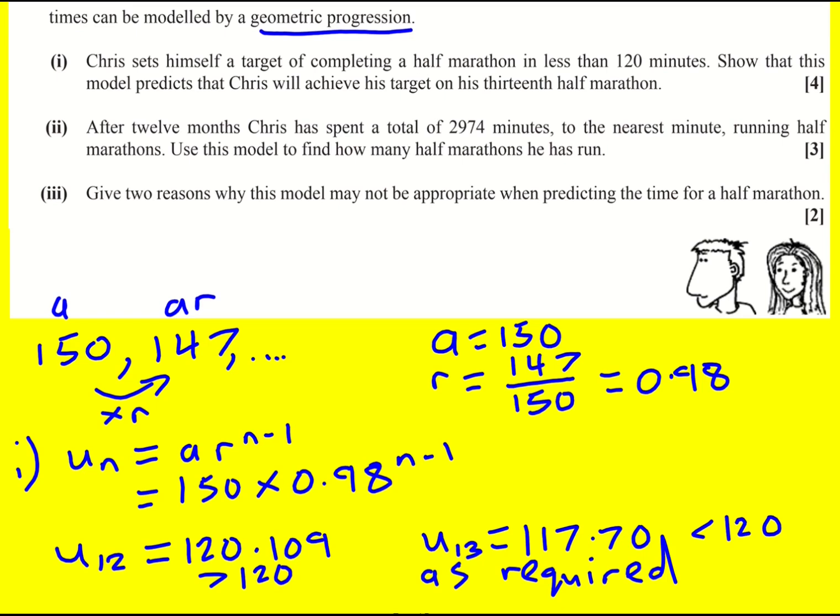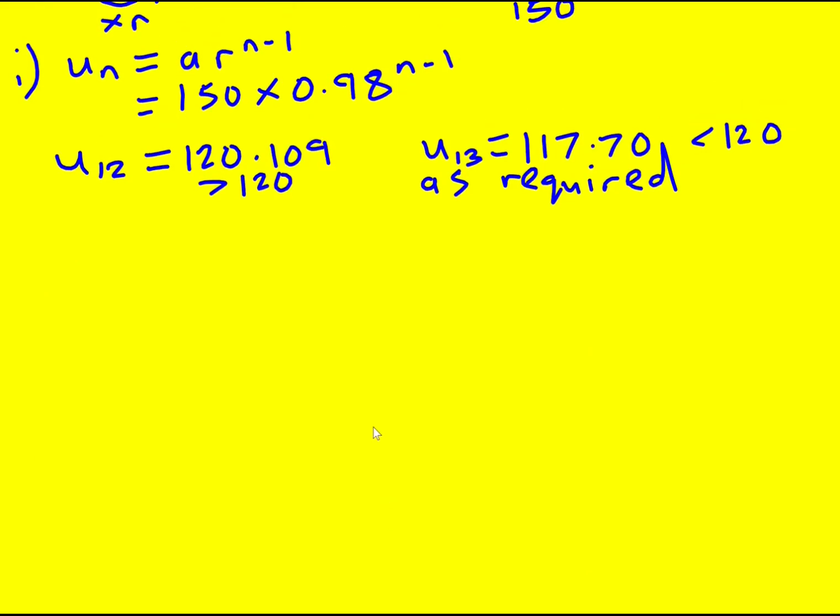We're then told after 12 months, Chris has spent a total of 2,974 minutes to the nearest minute running half marathons, and we have to work out how many half marathons he's run. So essentially, we're dealing with the sum of a geometric series, and that is given by Sn equals a(1 minus r to the n) over 1 minus r. That's given in the formula book.